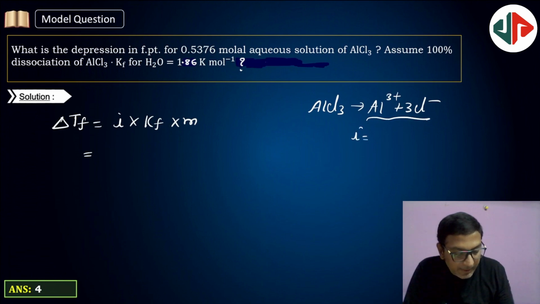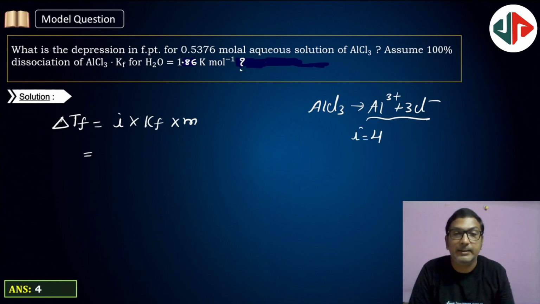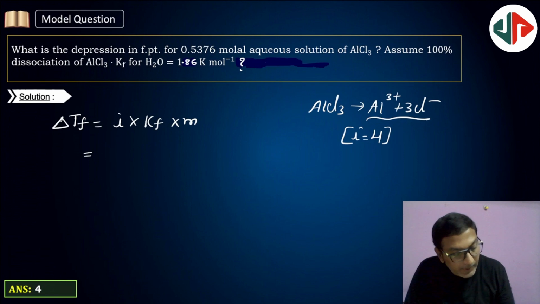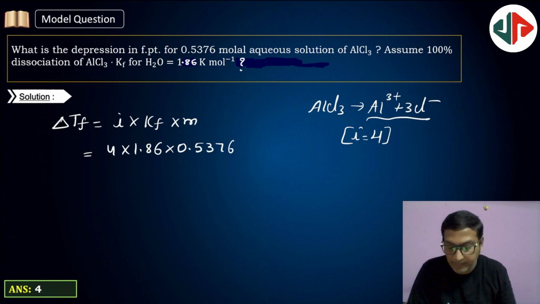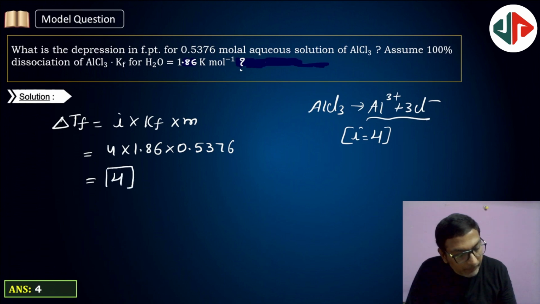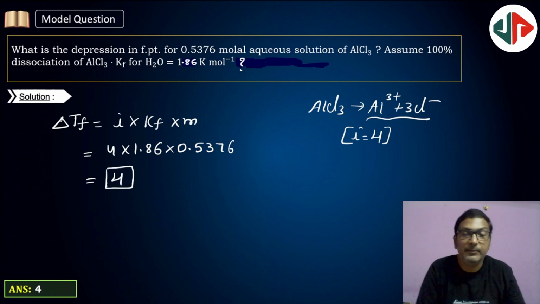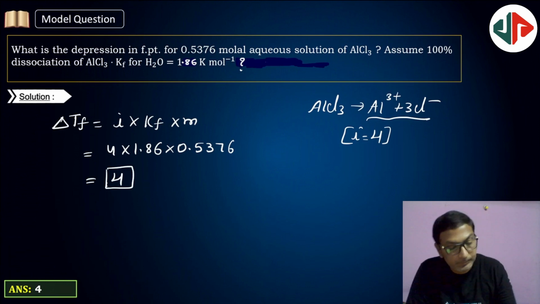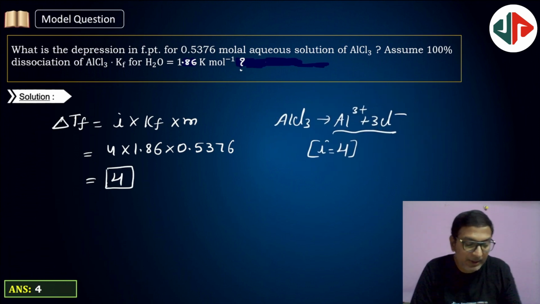So i value equal to 4 particles. 4 into Kf value 1.86 into molarity 0.5376. So this value will be 4. Therefore answer is 4. Remember here AlCl3 produces 4 particles on dissociation.